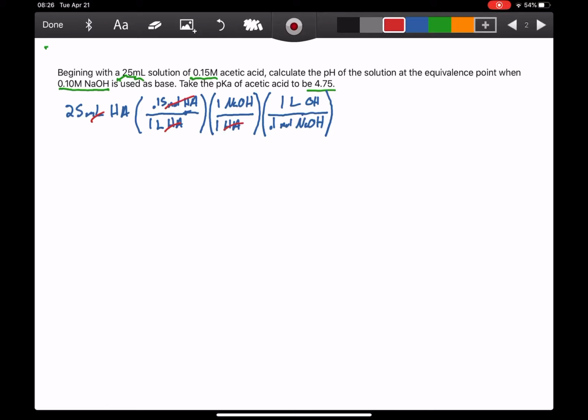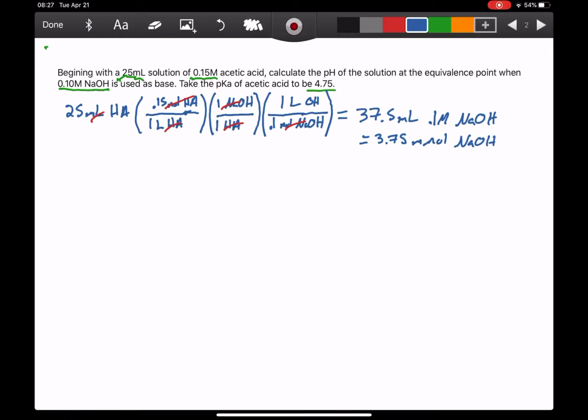We're going to get moles of base, and then moles of base is going to cancel. We're going to end up with a volume of base. And what we find is the equivalence point will be reached when we get 37.5 milliliters of the 0.1 molar NaOH, which is equal to 3.75 millimoles of NaOH.